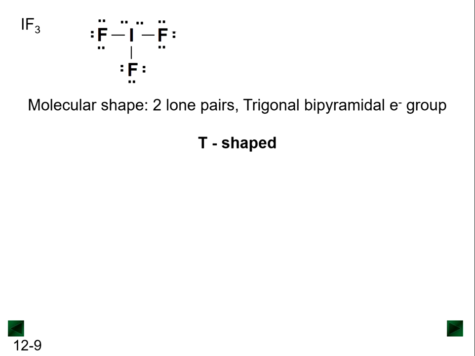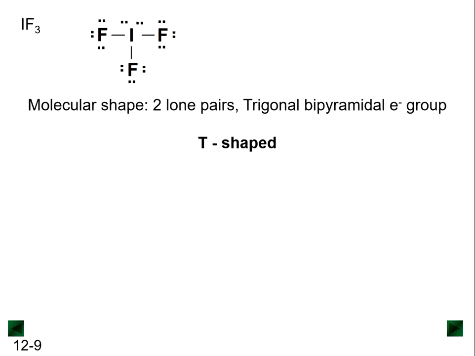Two fluorines that are axial, while they may not be truly collinear, they do tend to counterbalance one another with respect to their dipole moment. But the iodine with the equatorial fluorine will have a dipole associated with that, and it's not counterbalanced by anything on the other side. The fluorine side will be negative.